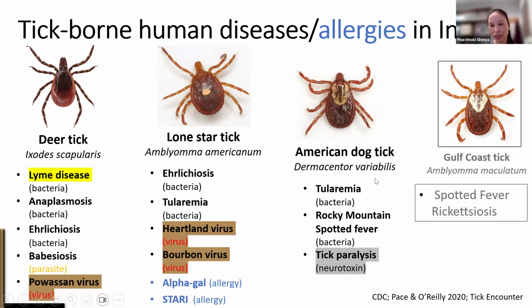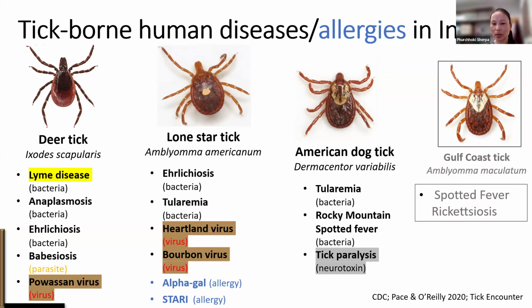American dog tick is the other most common one. It transmits tularemia and Rocky Mountain spotted fever. Those are bacterial. And it can also cause tick paralysis. Tick paralysis is neither allergy nor disease. It's a neurotoxin.